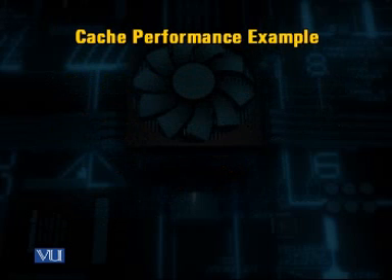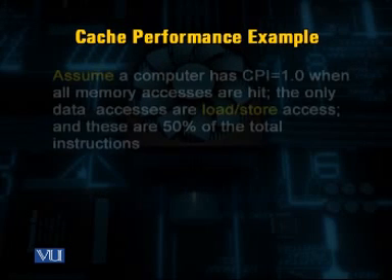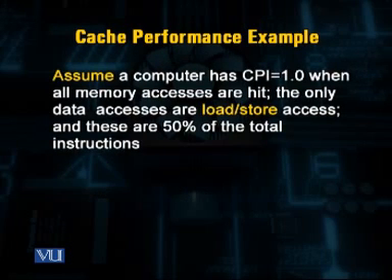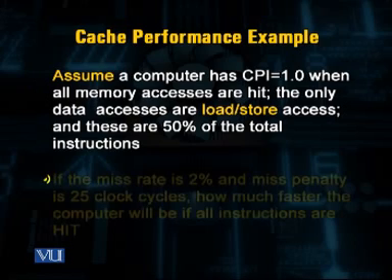Now, let us consider an example to analyze the cache performance. In this example, let us assume that a computer has clock cycles per instruction equal to 1 when all memory accesses are hits, and the only data accesses are load store accesses, and these accesses are 50% of the total instructions.